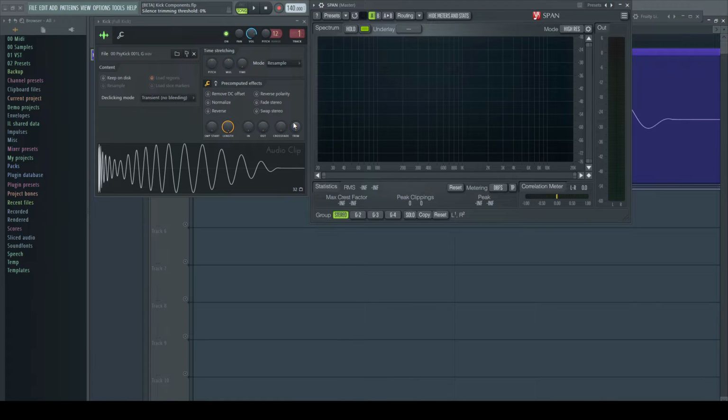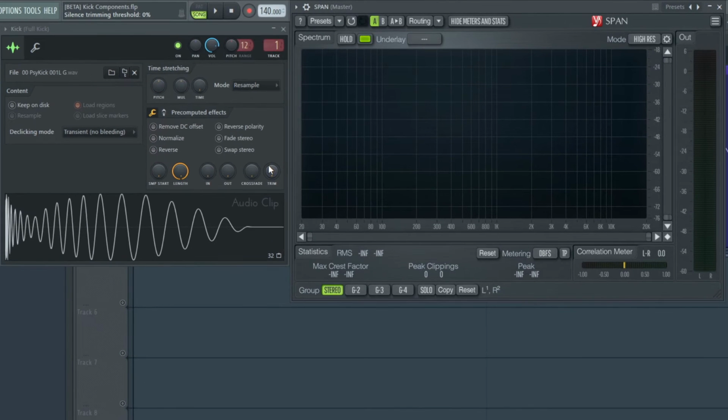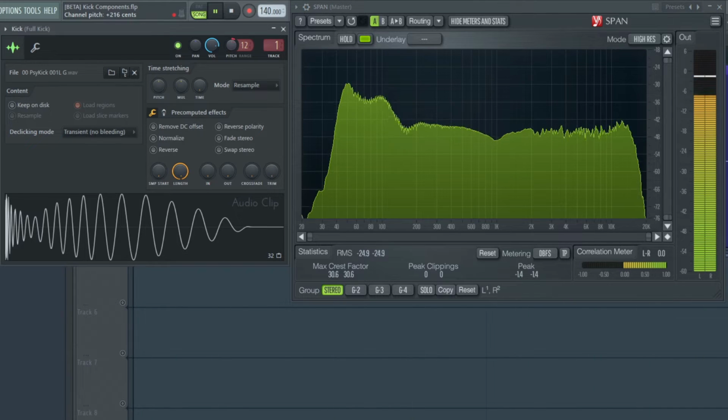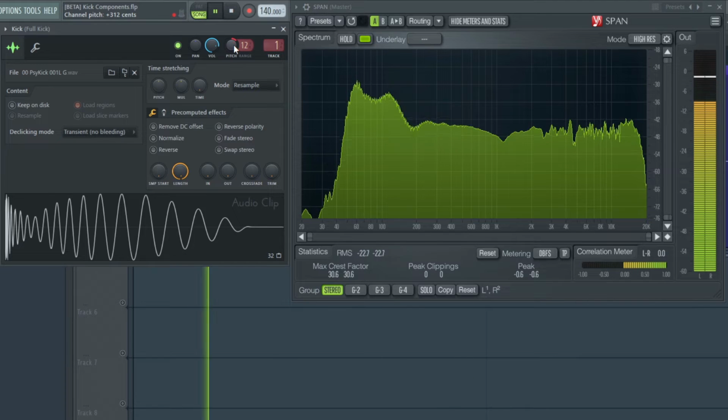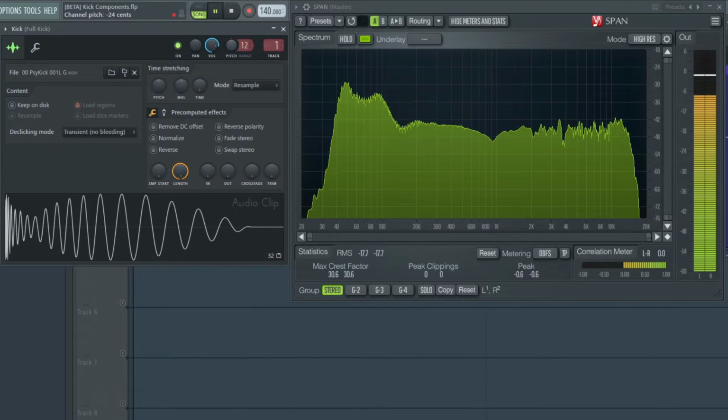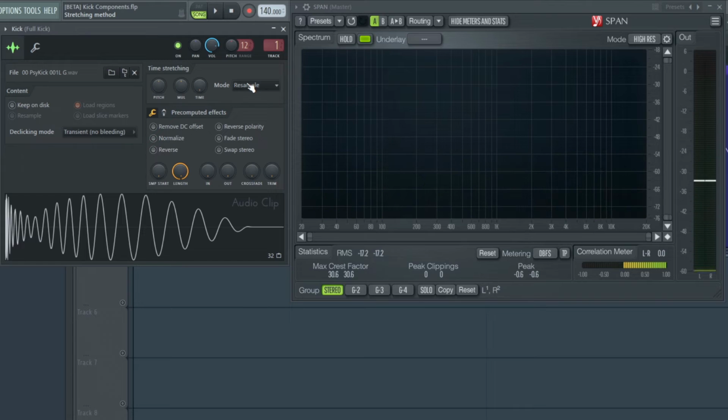But what do we do if we need a different pitch because this G doesn't work in our song? Tuning the whole kick sounds silly very easily in resample mode, and much worse with one of the time stretch algorithms.